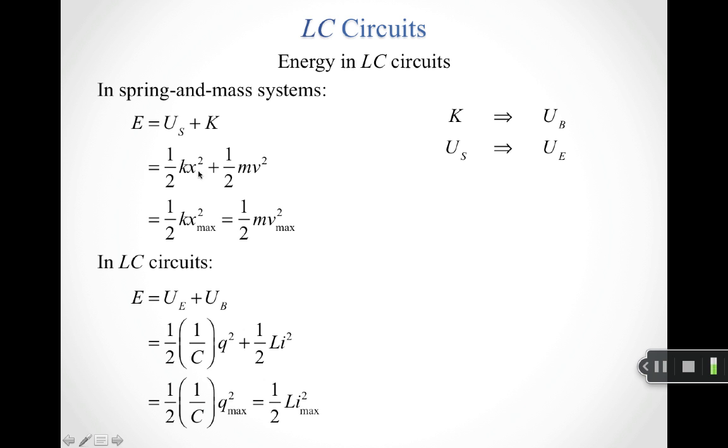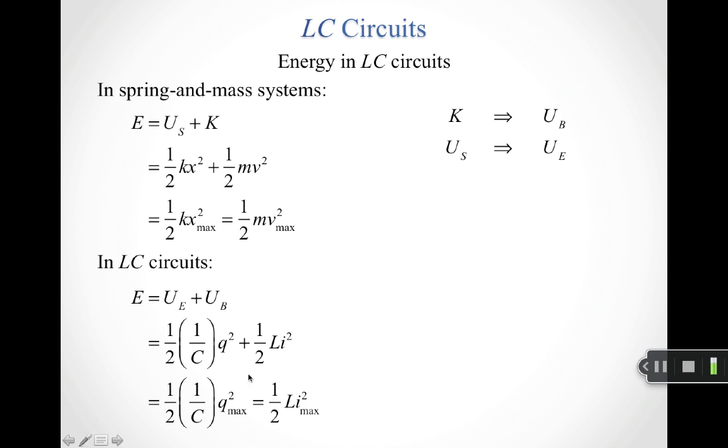Q squared, that's just like x, plus 1/2 L. So our inductance is like the mass term, and the current is now like the speed. And again, this is what the energy is in our circuit at any point in time where you have some amount of charge on the plates and some current flowing through the circuit.